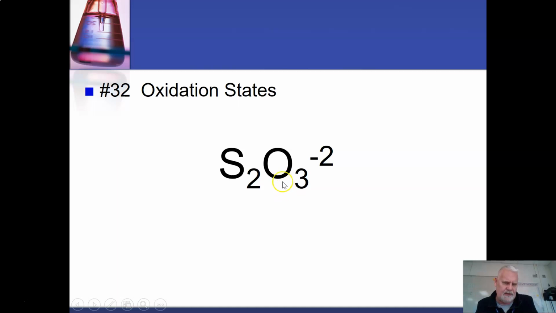So you can say oxygen is going to have a -2. If you remember these problems, they're like nice little math problems. I have 3 of these, and that's going to be -6. Hopefully you can figure out in your head that 2 of these at +2 gives you +4, minus 6, and that's a -2 left over.